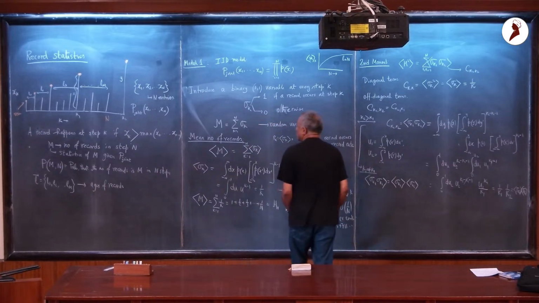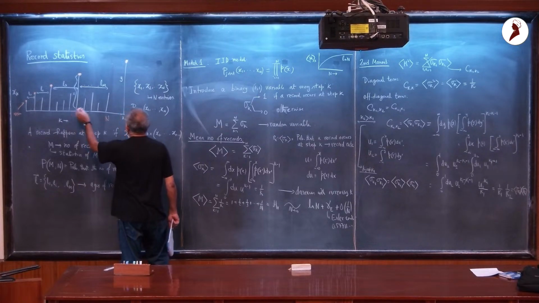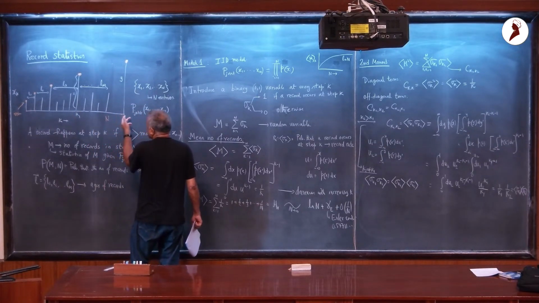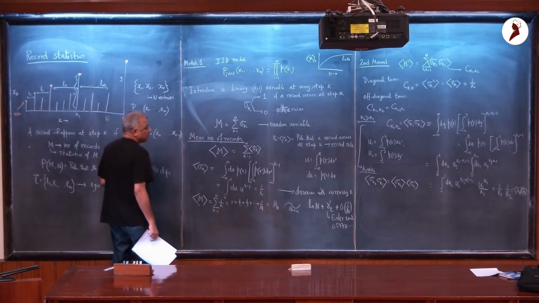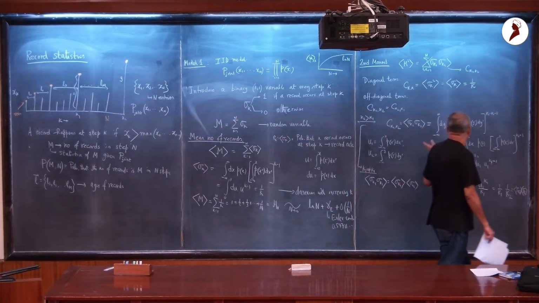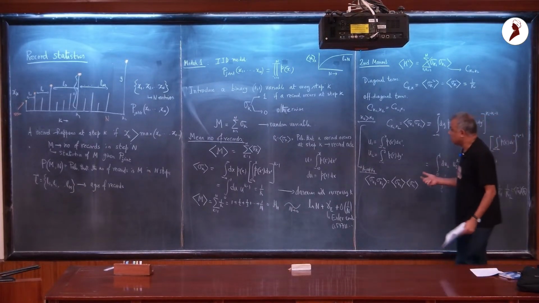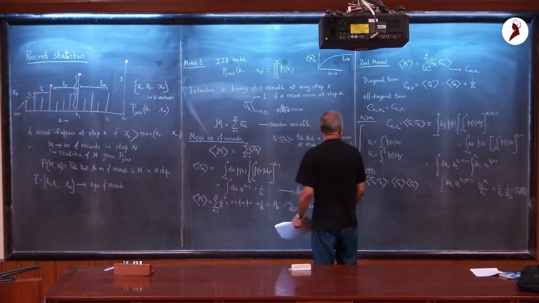So whether a record happens here at step k1 and another record happens at k2, they are essentially independent events effectively. It's not an obvious statement. You see that in retrospect. This is quite a remarkable fact, okay?